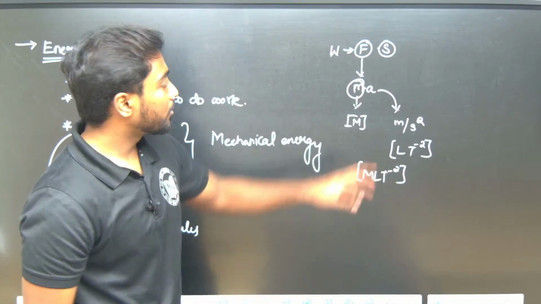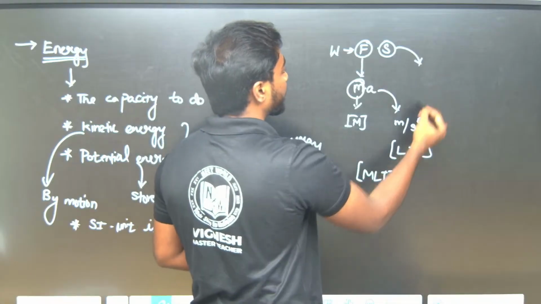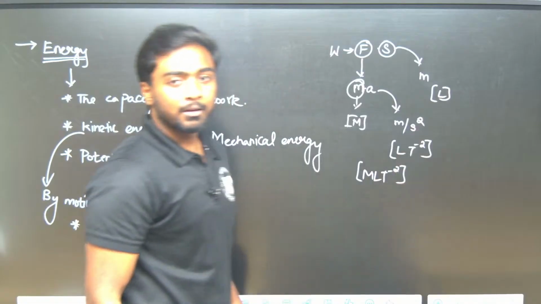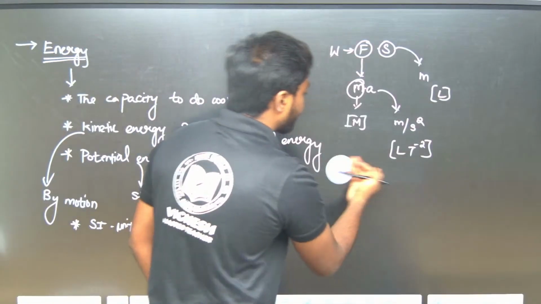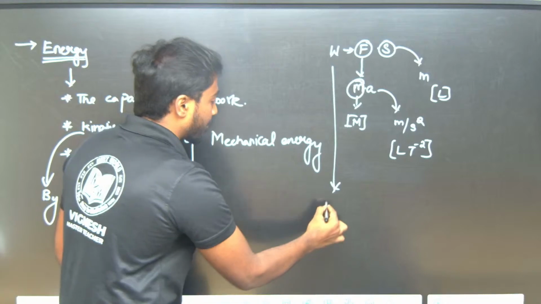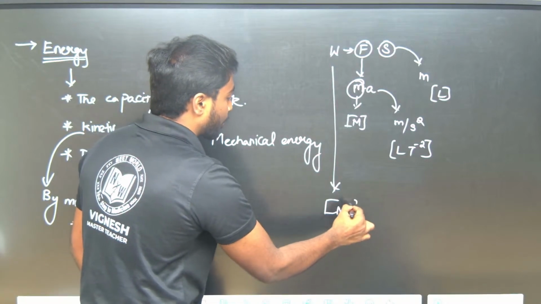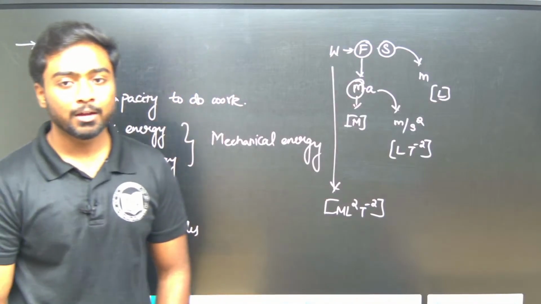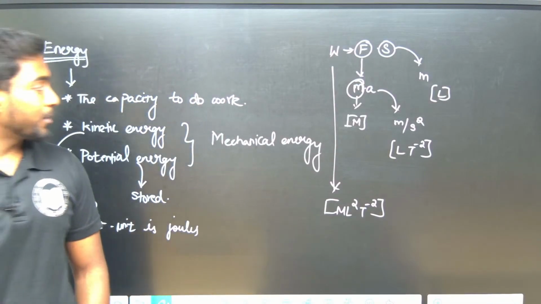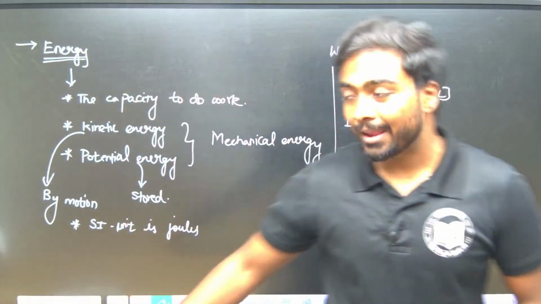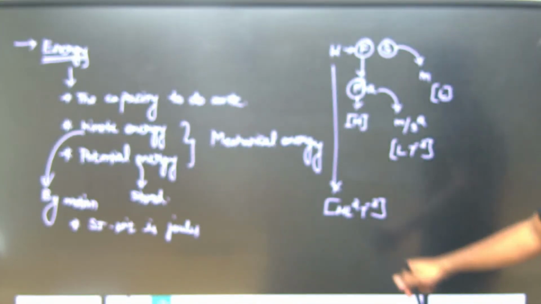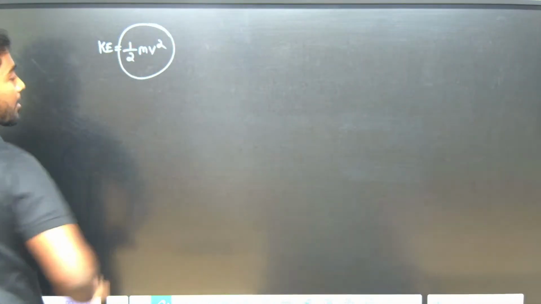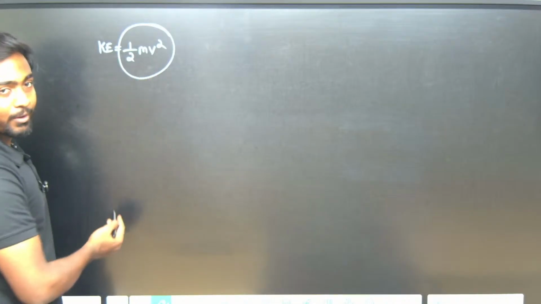And the displacement is in terms of meter, so again this is L. So the total answer for the dimensional formula for work done is M L square T power minus 2. The dimensional formula for energy will be the same, because the kinetic energy formula is half mv square.